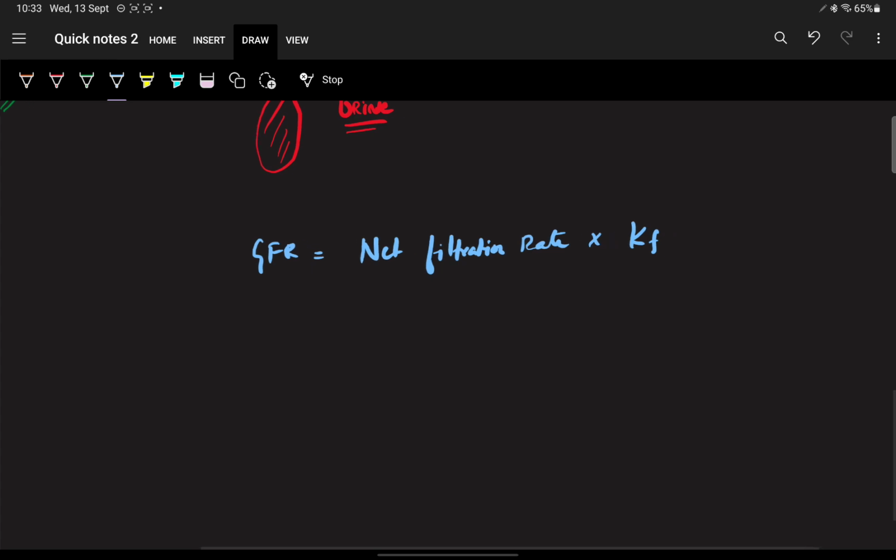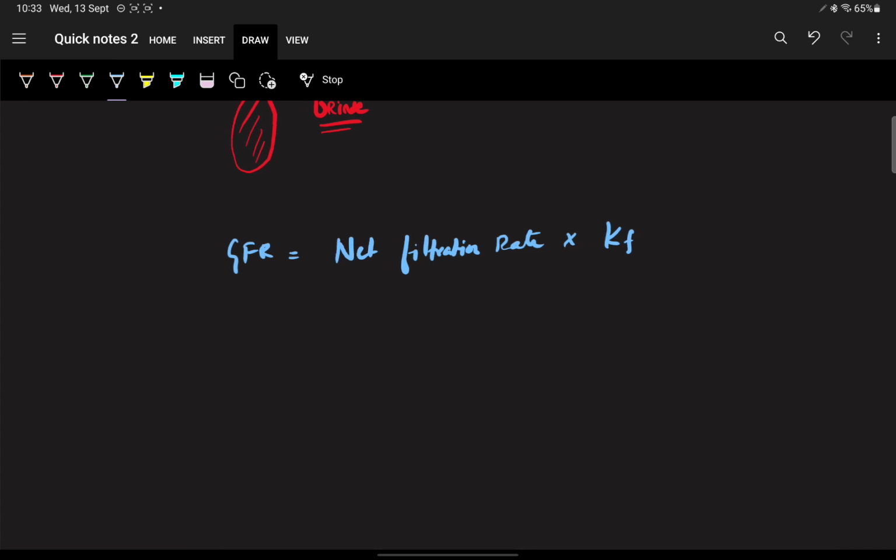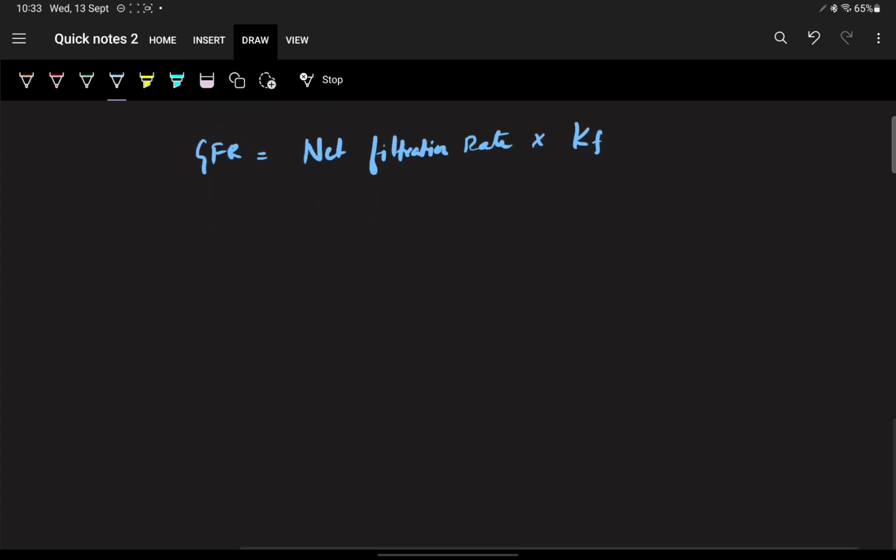Now what is this net filtration rate and filtration coefficient? First we will start talking about the net filtration rate.